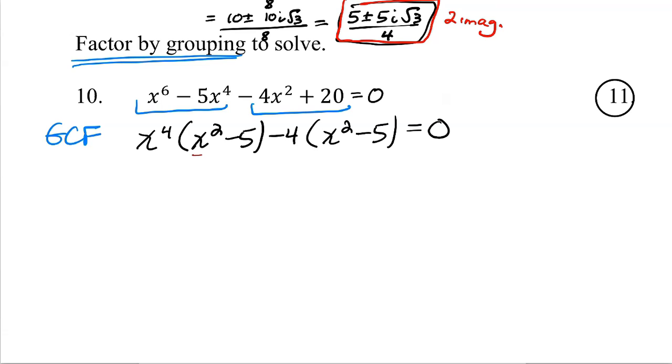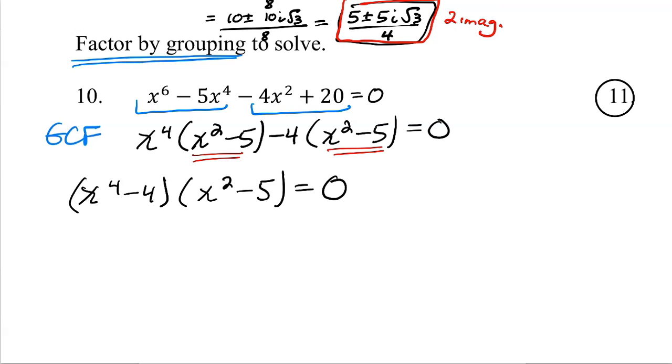And you know you're doing this process right when you have identical binomials. So we'd have an x to the 4th minus 4, x squared minus 5 equals 0. And something I notice here is that this is a squared term, but this is an x to the 4th. So that x to the 4th minus 4 is actually factorable again.